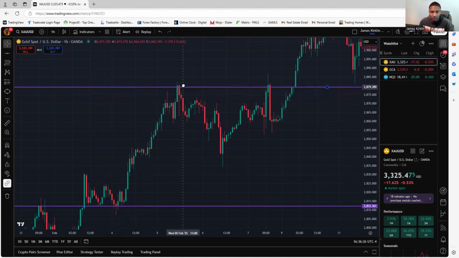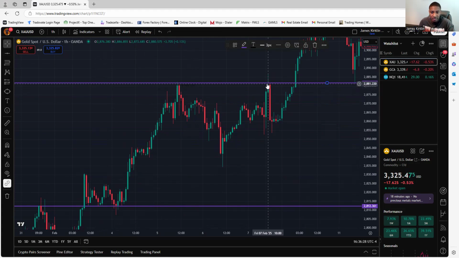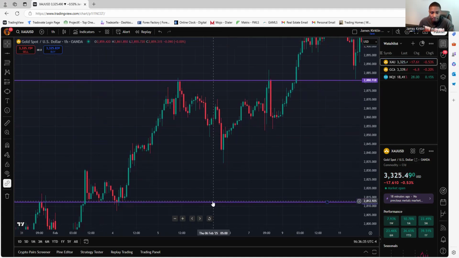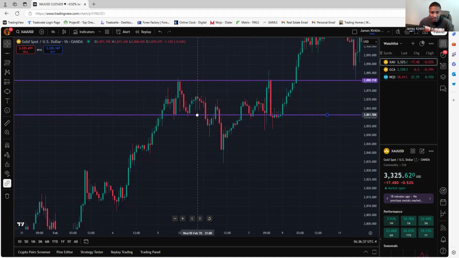So, I'd say this is an obvious resistance, correct? Resistance. And I would say that this is a support. 1, 2, sort of, kind of. 3, 4, boom. We broke and closed below.